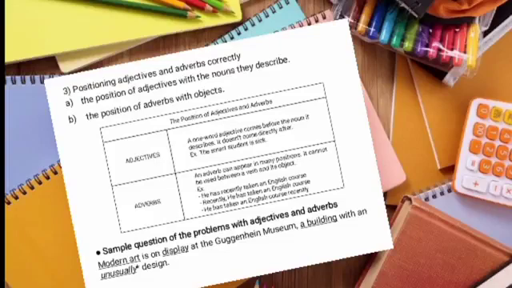So it should be an adjective, not an adverb. As we know, an adverb never describes a noun, but it is the function of an adjective. The adjective of the word unusually is unusual. So the correct sentence is modern art is on display at the Guggenheim Museum, a building with an unusual design.